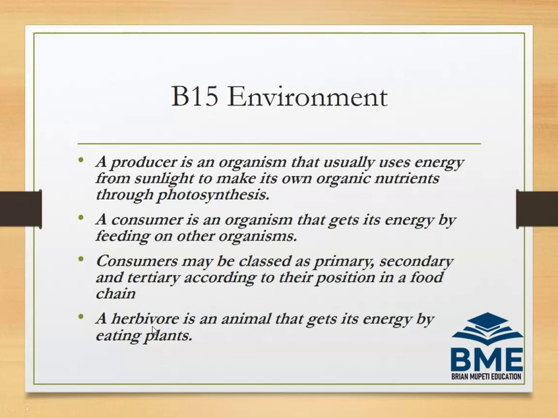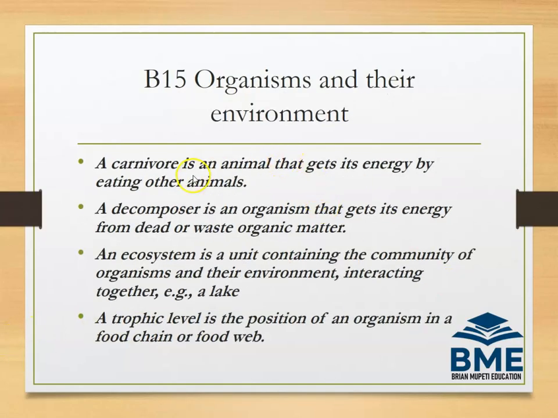We've got grazers, which eat grass, and browsers, which eat leaves. A carnivore is an animal that gets its energy by eating other animals. A decomposer is an organism that gets its energy from dead or waste organic matter. The dead or waste organic matter can be either plant or animal matter.